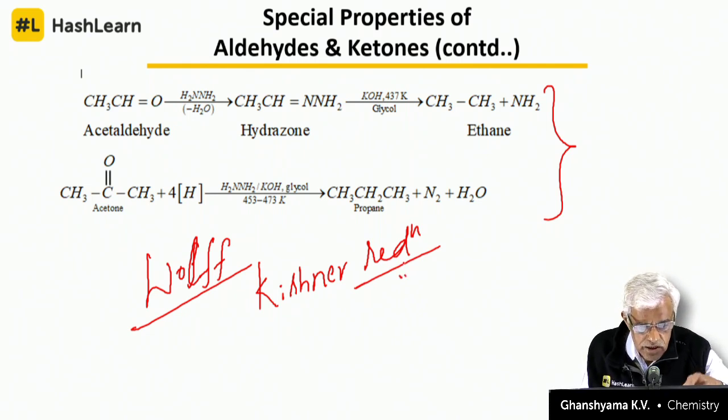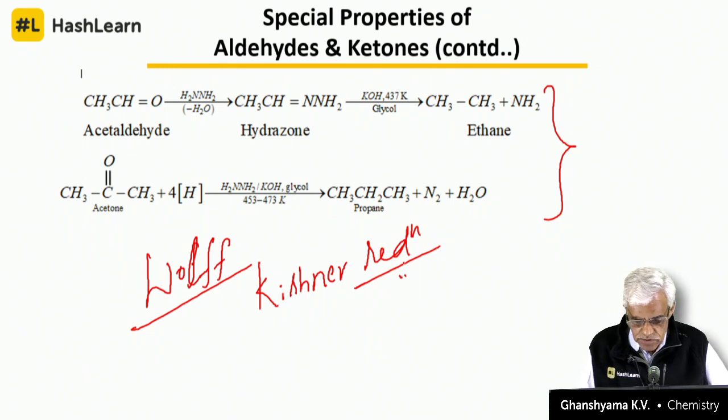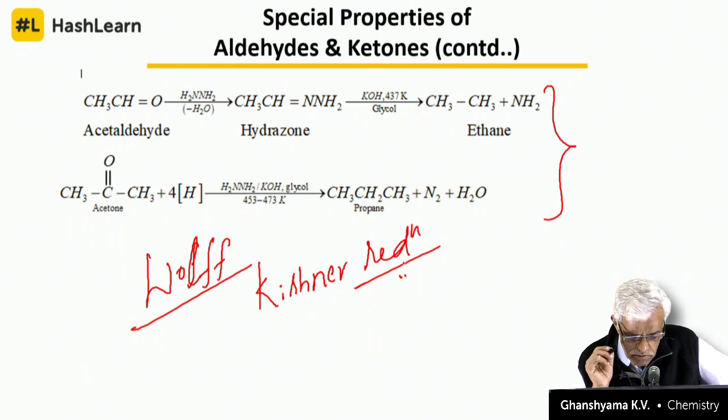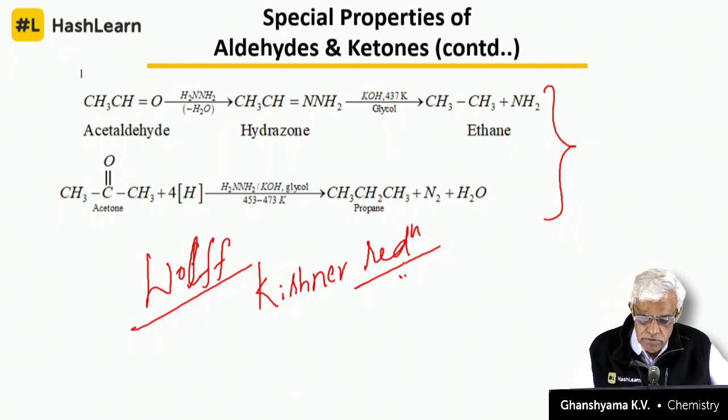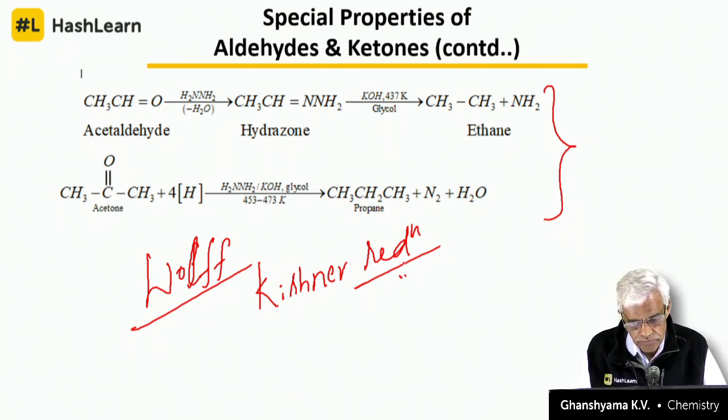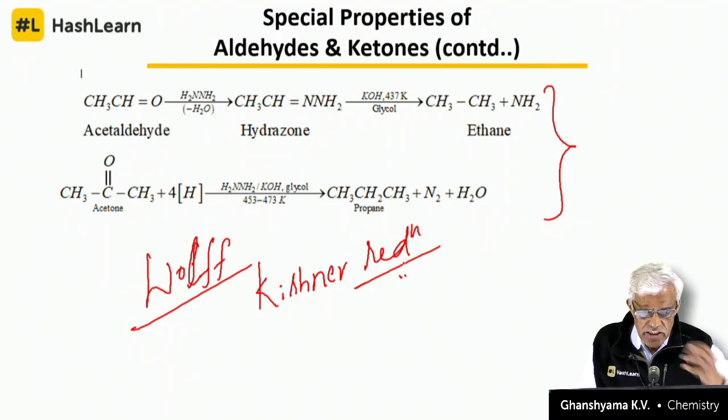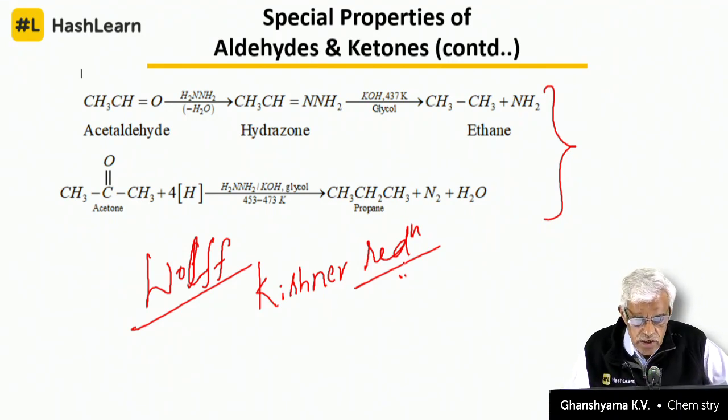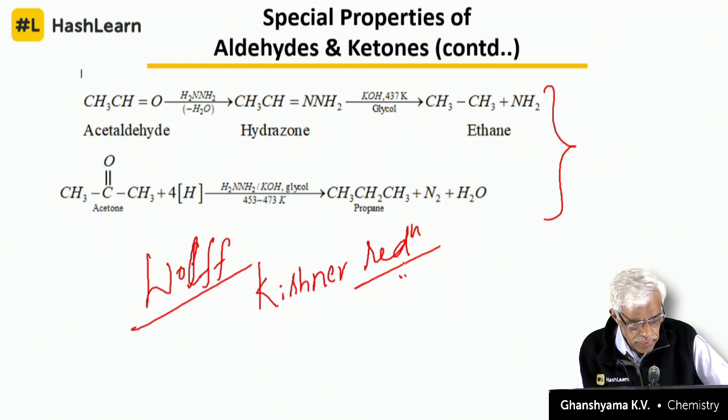I will explain this, Radhika, I will come to that, because Clemmensen reduction and Wolff-Kishner reduction are similar. The reducing agents are different. So, I will explain this and then your question.